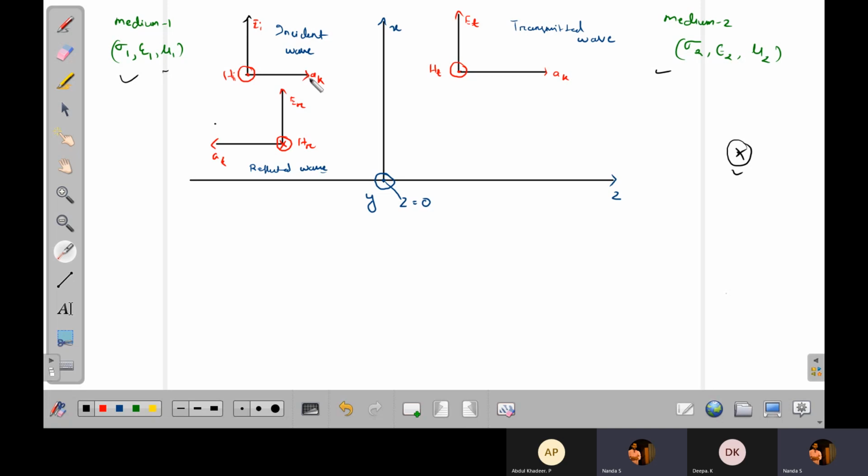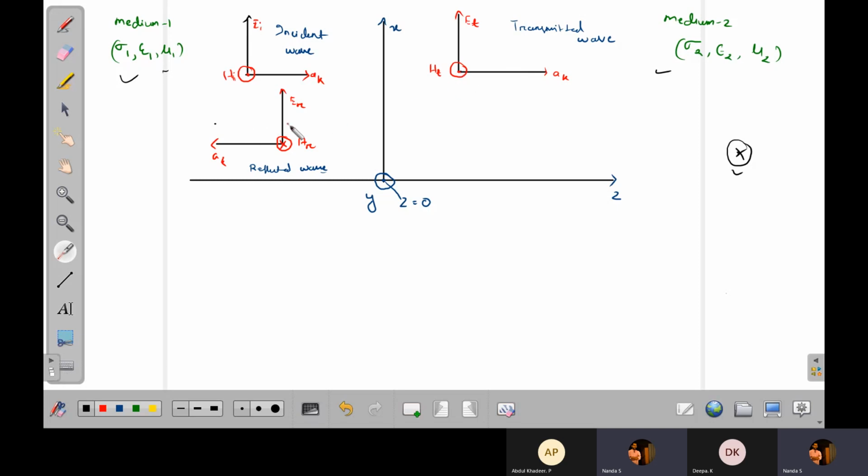The direction of propagation, denoted by AK, is along the Z direction, and that remains the same. The H field direction was pointing out of the screen towards you, represented by a dot with a circle, and it is also remaining the same.